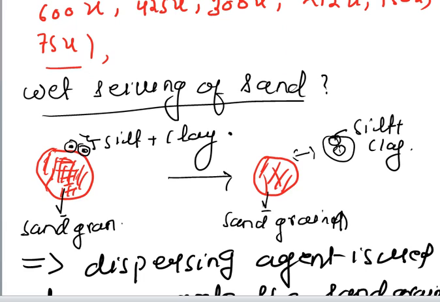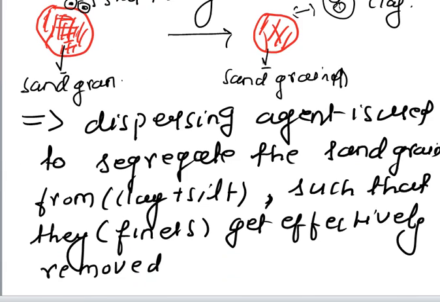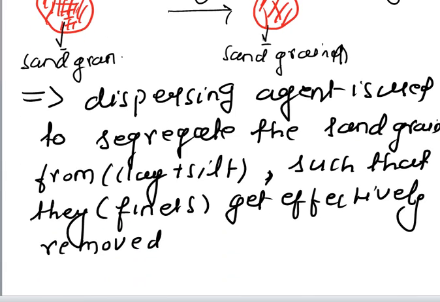So two grains will mix with each other, and they will not pass through the sieve. So that is the point why we need to remove the fineness. As they are cohesive, they build up a cohesive type of sand. So we have to remove that cohesion. For that we are using a dispersing agent to segregate them for effective removal.